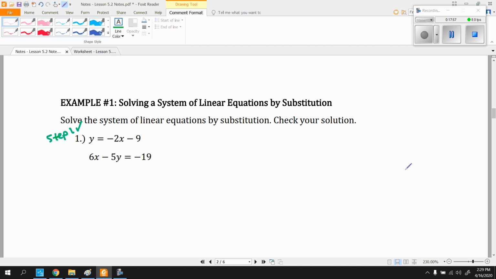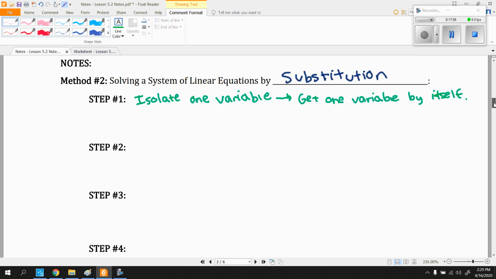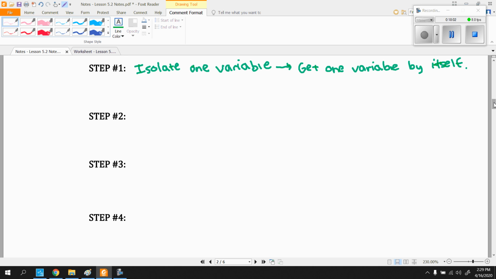Okay, so step one, for us it was done for this problem. Let's look at what step 2 would be. Here's where the actual substitution comes in, okay?